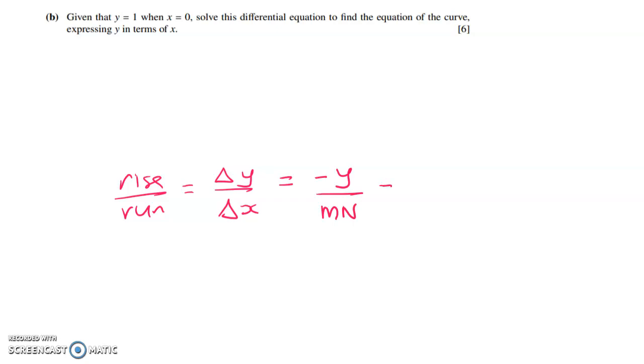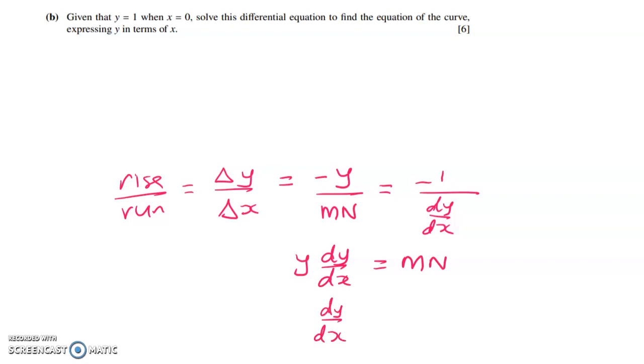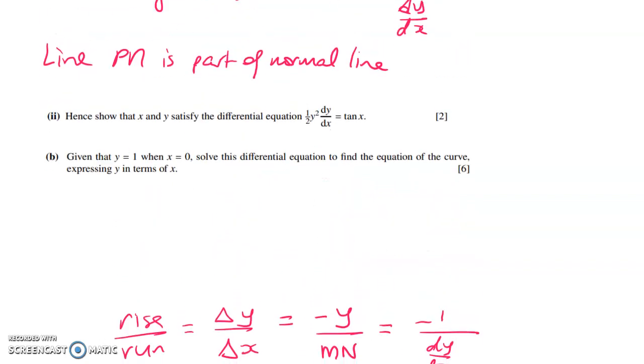And we know that that gradient has to equal -1 over dy by dx. So we get y times dy by dx is equal to MN, which gives us what we need, which is that dy by dx is equal to MN over y. Okay, so far so good.